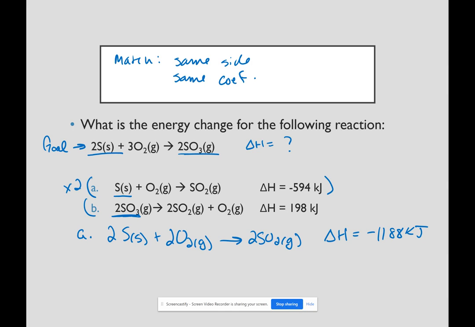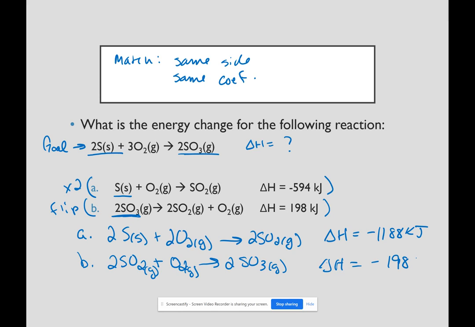And so when it's on the wrong side, this is the instance where you would flip or reverse that reaction. So I'm going to rewrite equation B reversed, where the sulfur dioxide and the oxygen are reactants, and the sulfur trioxide is a product. I need to put my states in. Because I reversed the reaction, the sign of delta H flips as well. It was positive 198, now it's negative 198.